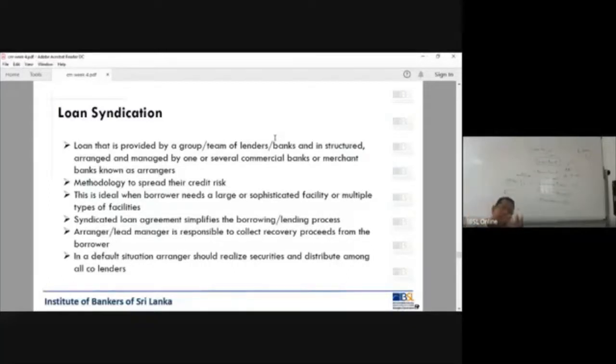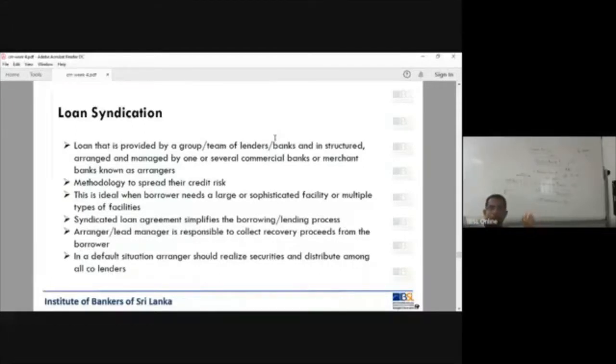So the bank who is arranging the facility is called lead bank or the arranger, right? Arranger, lead manager. They are responsible to get the banks together and give the money to customer. Customer will come into a loan syndicate agreement with all the banks, right?